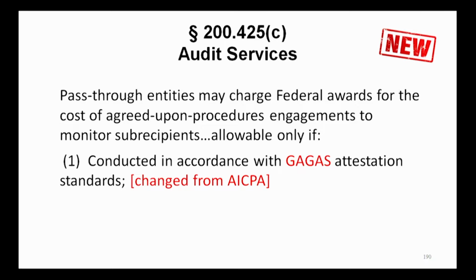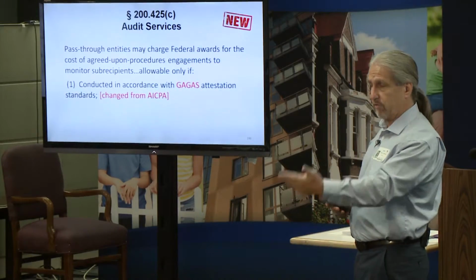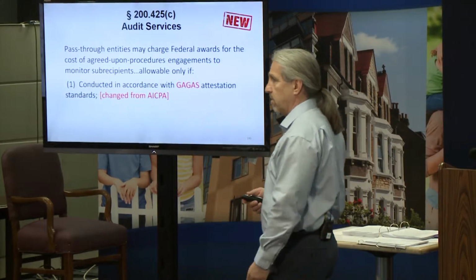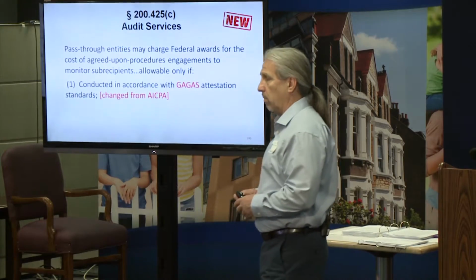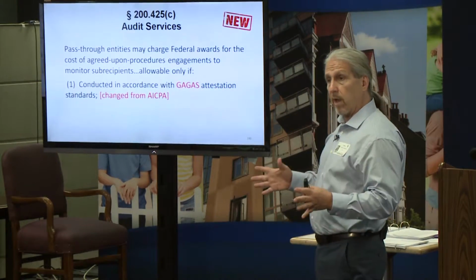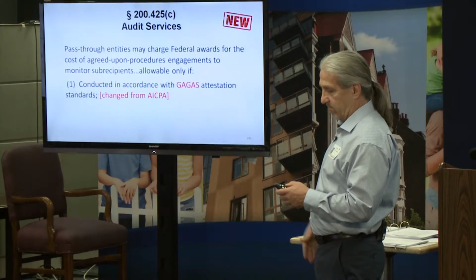The former language said AICPA attestation standards, so that's changed. Otherwise, I think it's known as the Yellow Book. We've probably heard that more often. Those are the standards. If you are a pass-through entity and you're going to do some procedures on your sub-recipients or audit engagements that are not a full single audit, then it would have to meet these attestation standards.